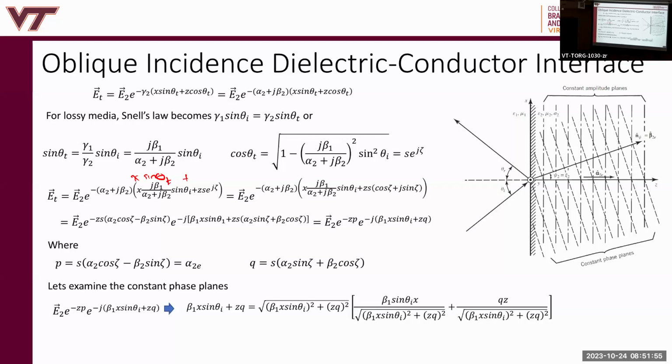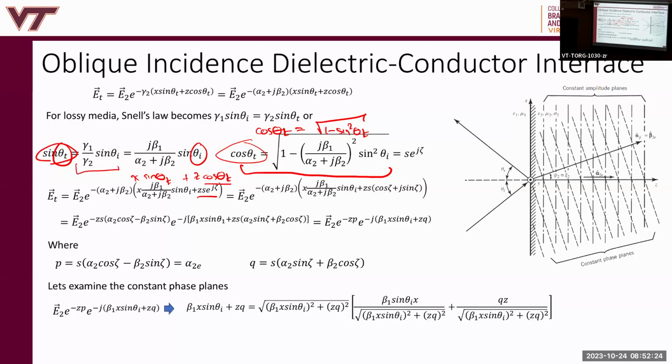And then we have z, cosine of theta transmitted. But we started here with cosine of theta transmitted equal to the square root of 1 minus sine squared theta transmitted. And then we use this expression to relate theta transmitted to theta incident. And we ended up with this expression, right? Now we have cosine of theta transmitted. We put it here, so it ends up here. We have sine of theta transmitted, which is this expression, and we put it here, right?